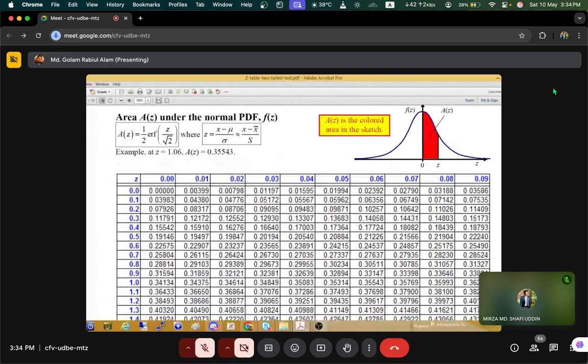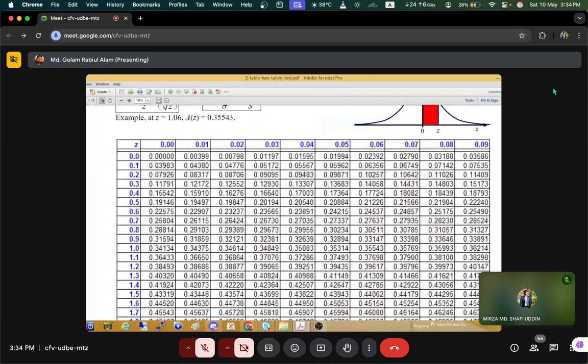We need to find the value 0.475, that is 47.5%. Find that value. We can see here 475.